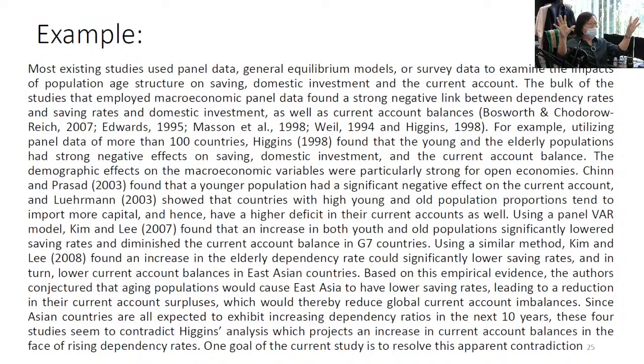See, the first sentence already lays out that he is going to look at a comparison between methodologies, and he is using some different methodology. That's why he said existing studies use panel, general equilibrium, survey. Later on he will explain what other type of methodology he is going to use to fill the gap in this literature.